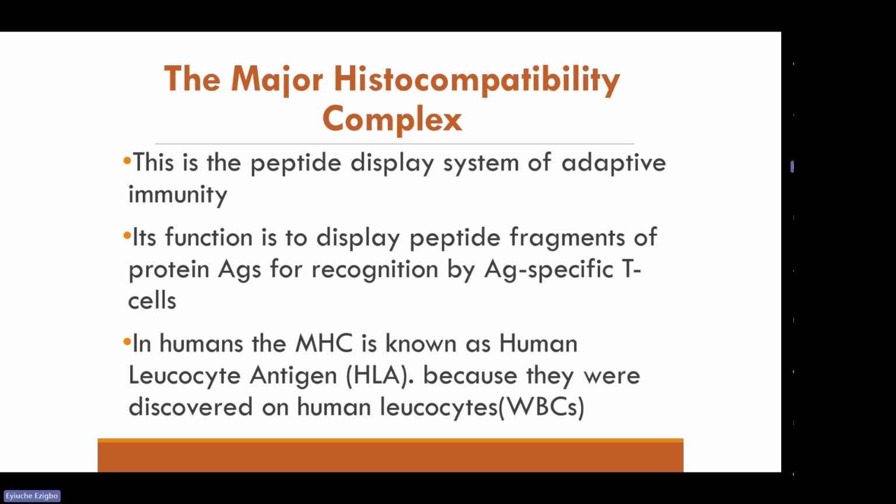Its function is to display peptide fragments of protein antigen for recognition by antigen-specific T cells. In humans, the MHC is known as the human leukocyte antigen. The MHC complex in humans is known as the HLA antigens because they were discovered on human leukocytes.